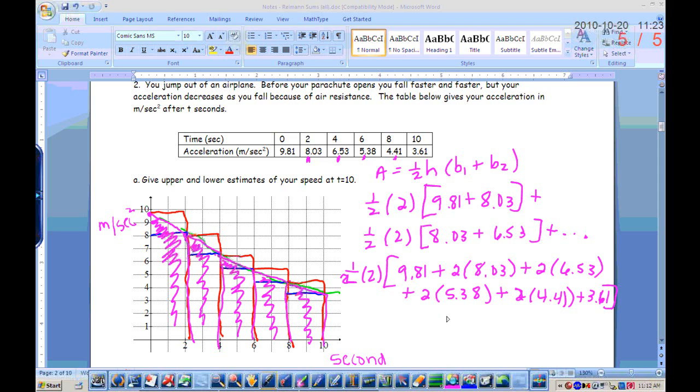At some point, it would be good to write the 1/2 and the 2 just to show that you've considered it. But yes, they do cancel out. So if you want to rewrite the problem after that, it would be okay to leave it off. But at some point, I want to see that 1/2 and the 2. All right, turns out that you get 62.12. Why is that funny?